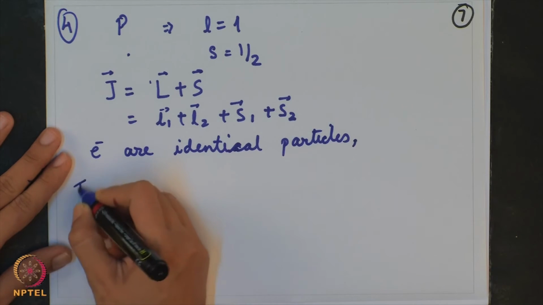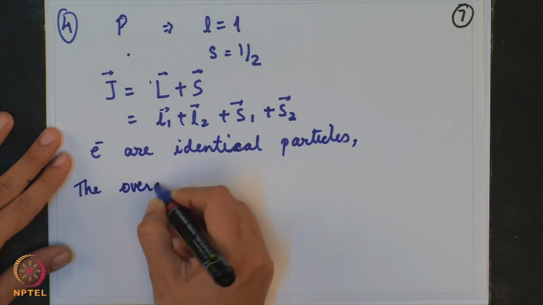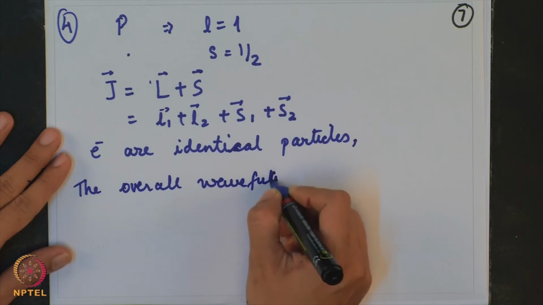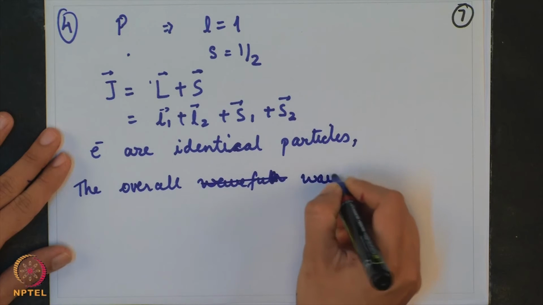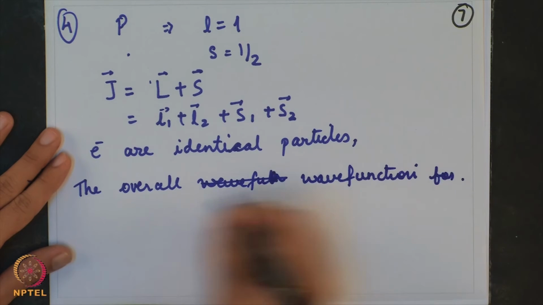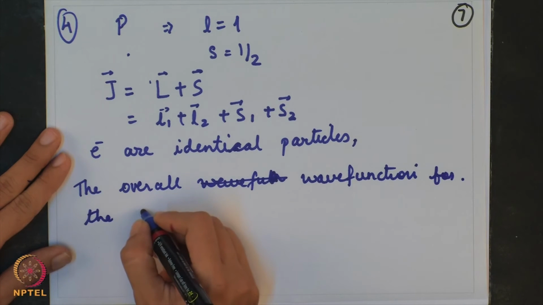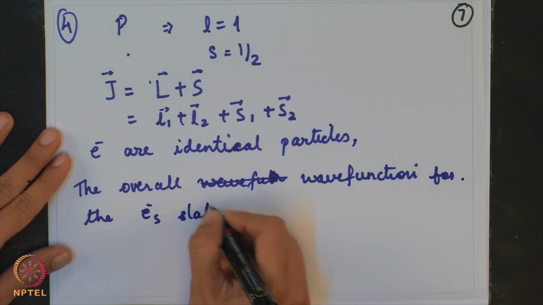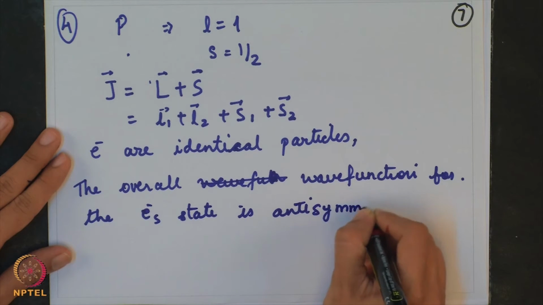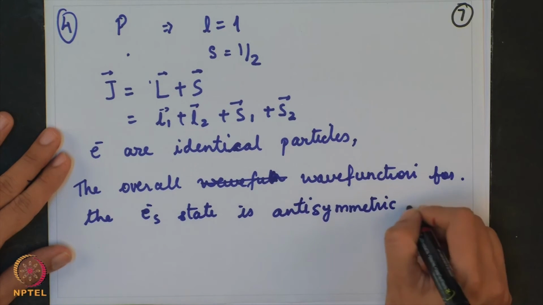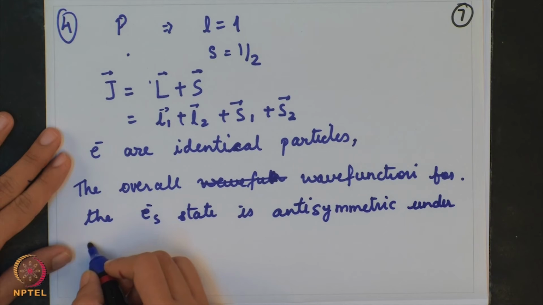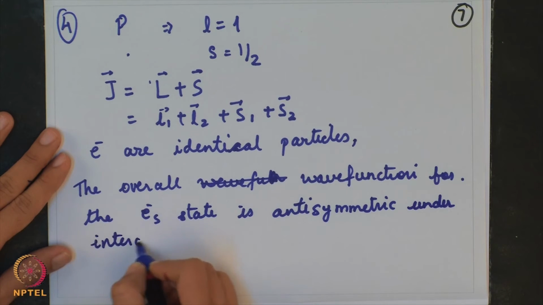So, the overall wave function for the two electrons has to be antisymmetric under interchange or exchange of particles.